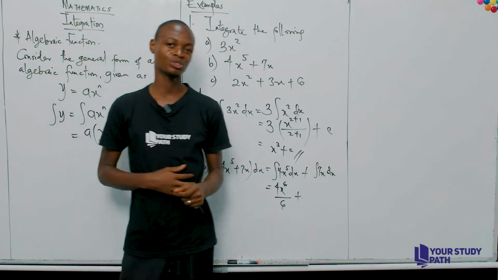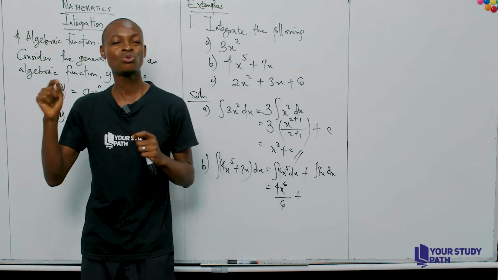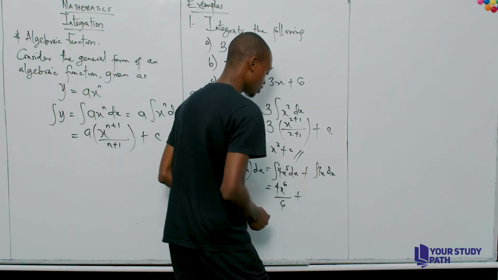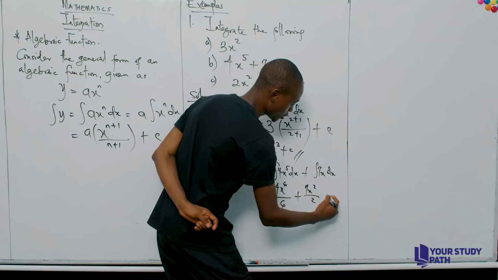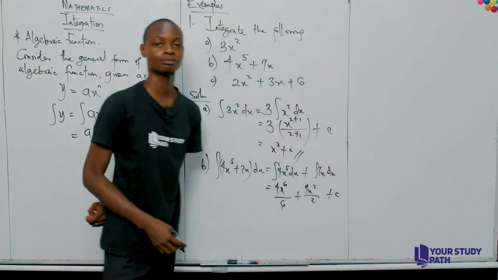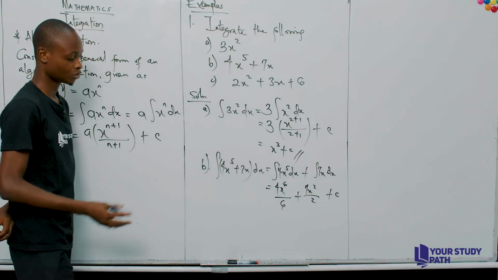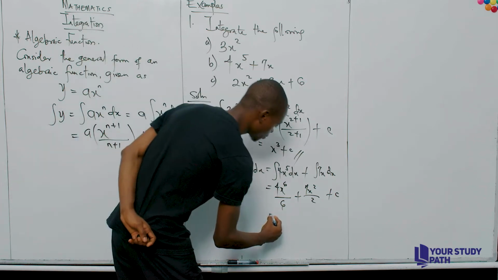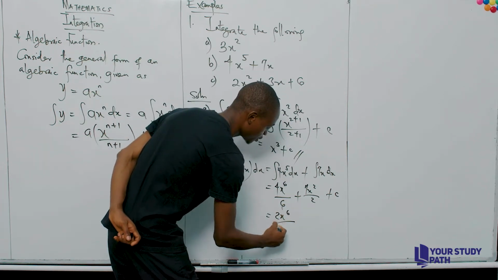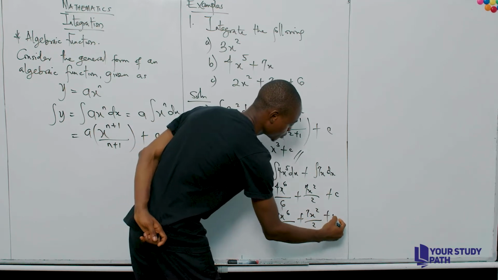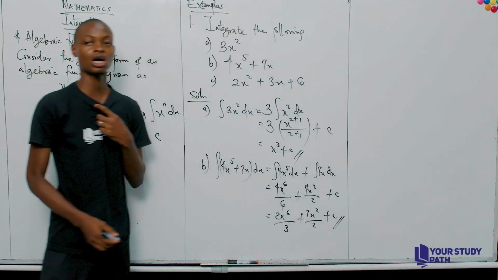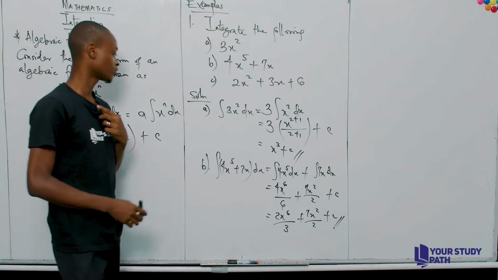And that's very, very important to note. We put in our constant only at the final result. So we integrate this as well. We have 7x squared divided by 2. Then we put our plus c. So you can simplify if you wish. This would give us 2x raised to power 6 divided by 3 plus 7x raised to power 2 divided by 2 plus c. This is how we complete this particular process.